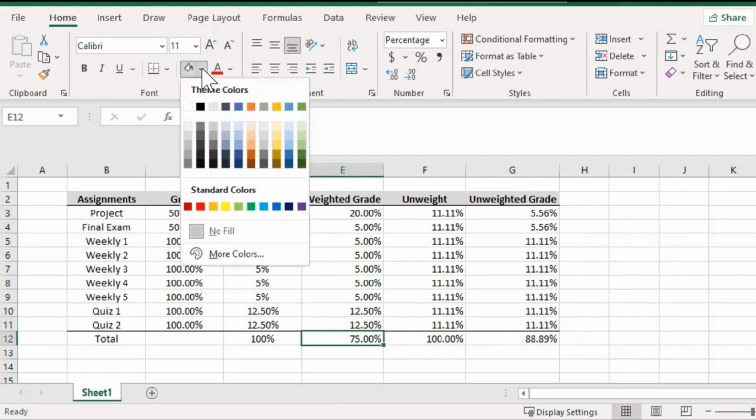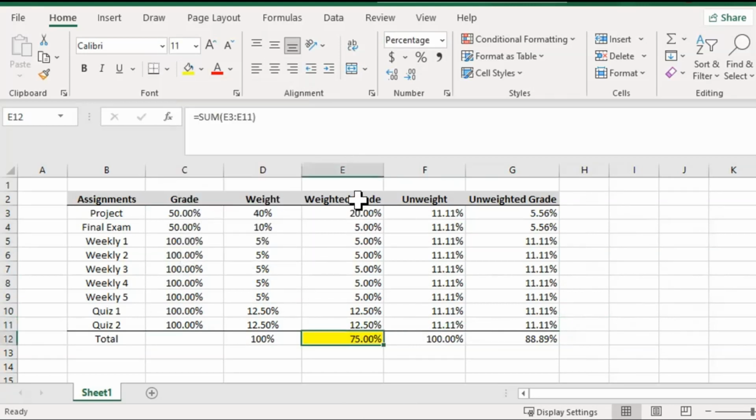If we are comparing, let's say, our weighted grade total, so this is what we would score in the class if we followed this weighting scheme, versus our unweighted grade, which is what we would score in the class if all of the assignments and projects and exams and quizzes were worth the exact same.